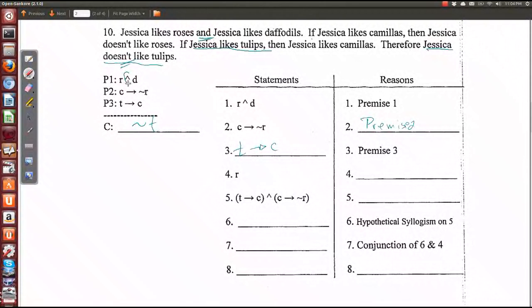I have a conjunction in my premise. And the only way that I have to deal with conjunctions when they're already in my premise is the theorem 8a that we talked about on page 23.